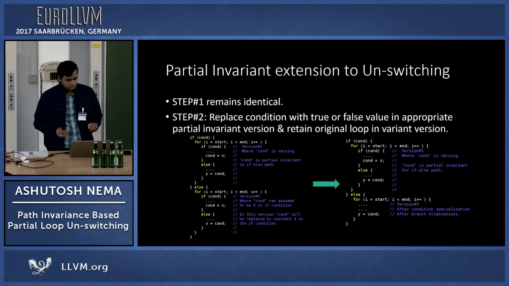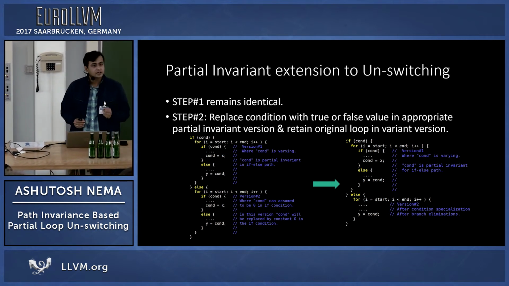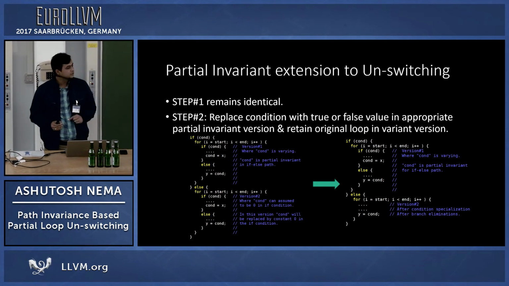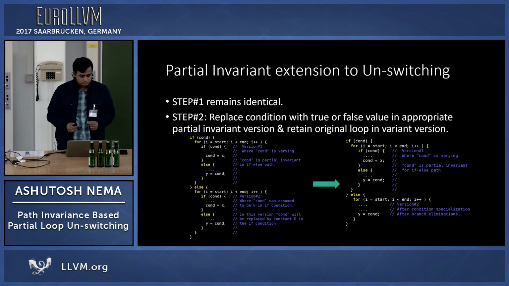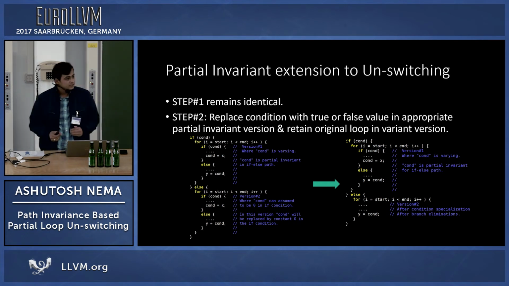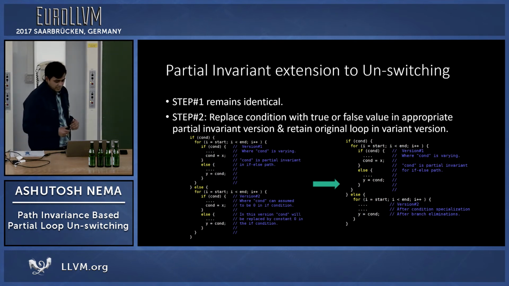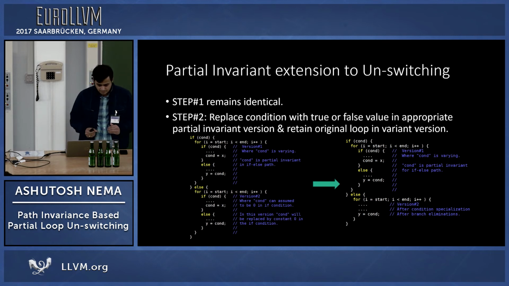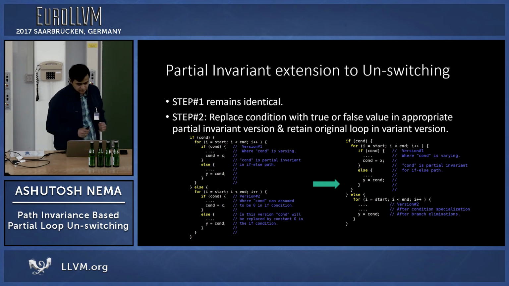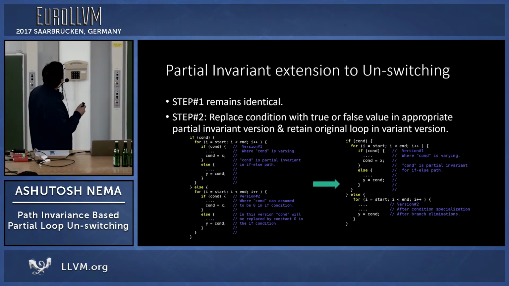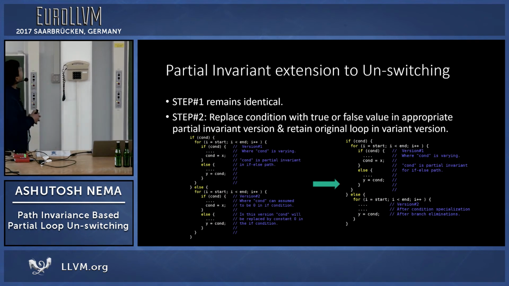In the second step, in the path where the condition is invariant, we'll just replace the condition with either true or false. In this example, in the else clause, the condition is invariant. So we have replaced the if condition with the false value. Thus we have got this version of the loop.